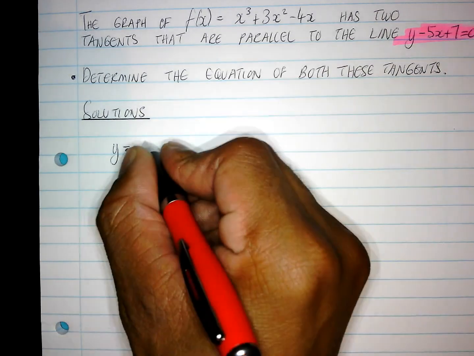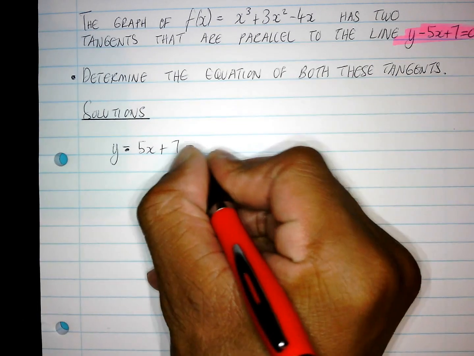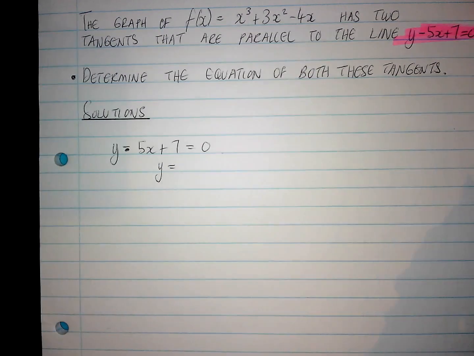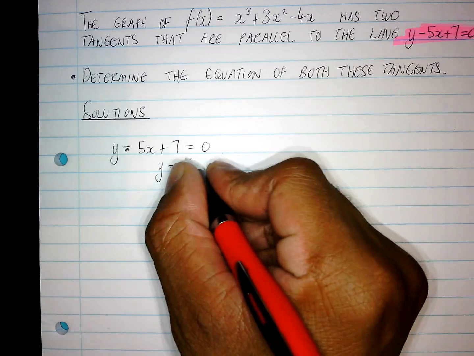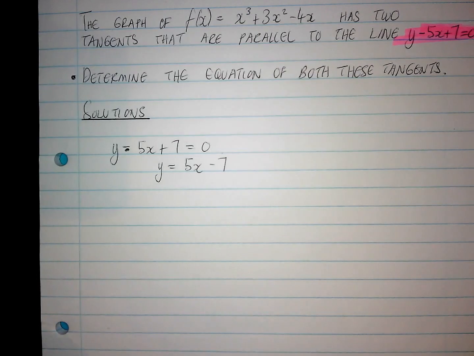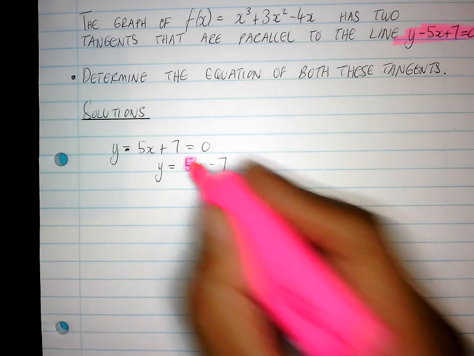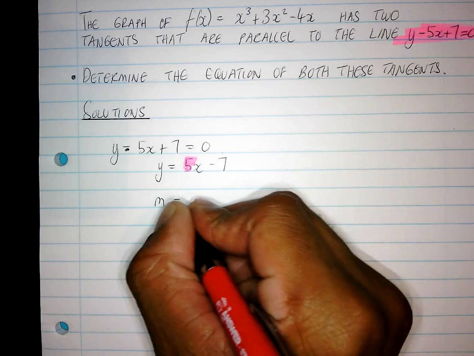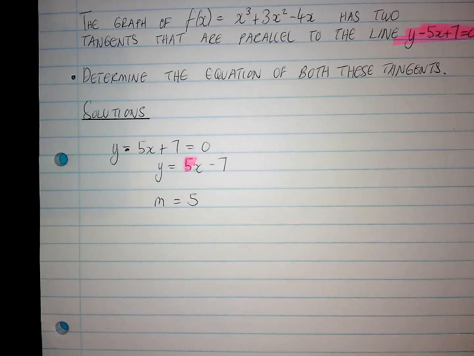We have to write this in the form of y equals mx plus c. So y is going to be 5x minus 7. And we know that from this equation, 5 is going to be our gradient. So meaning that m is equal to 5, right?